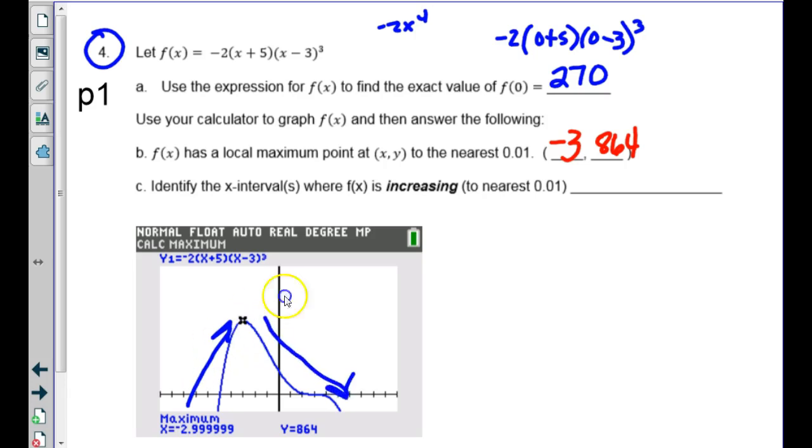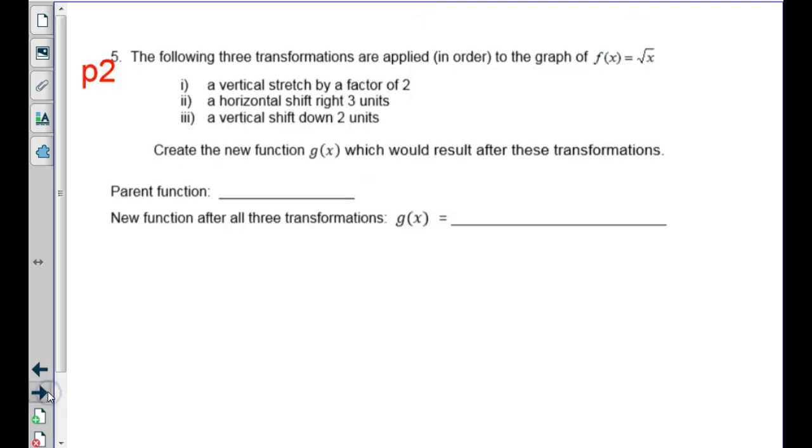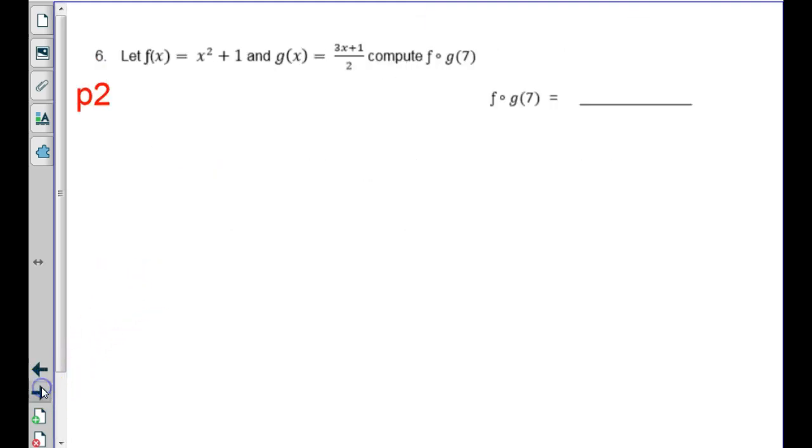So how do I say x values where this is increasing? From the left until an x value of -3. And increasing and decreasing never uses square brackets. You remember that now? Okay, that one's on part 2.